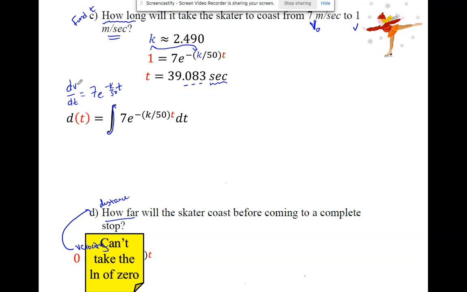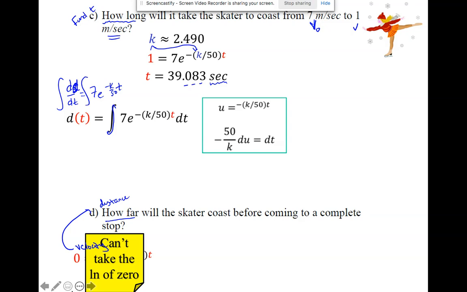The derivative of position is velocity. I want position by itself, or distance, I guess I should call that d. So I anti-differentiate. How do you anti-differentiate e to the stuff?